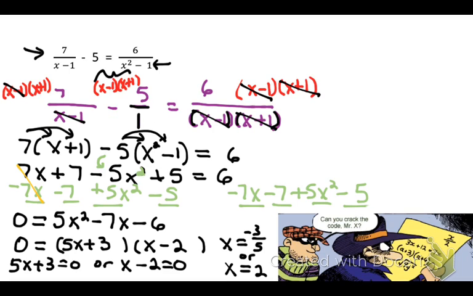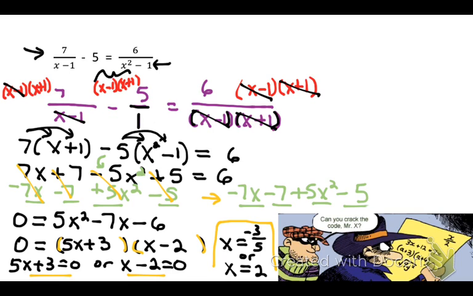So I subtracted, then here we added, put everything over on the right, combined the like terms, then I factored, used our zero product property, and found out that x equals negative 3/5 or x equals 2.